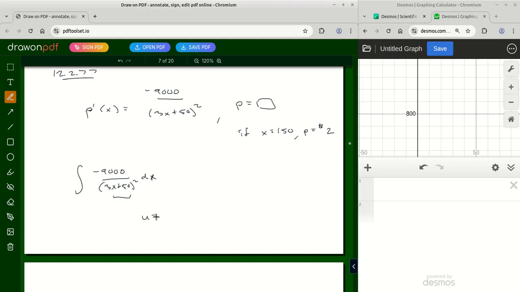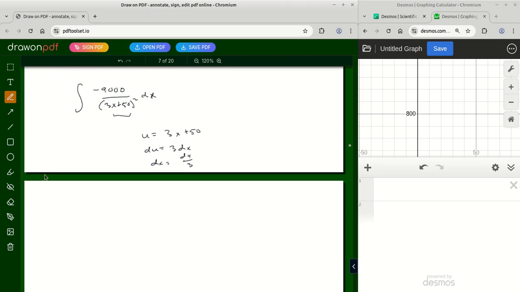So let's say that u is equal to the 3x plus 50. Du is equal to 3 dx. The 50 goes away. And dx is equal to du over 3. So now I got the integral of negative 9,000 over u squared, and then du over 3.